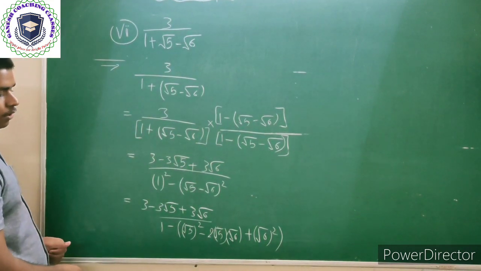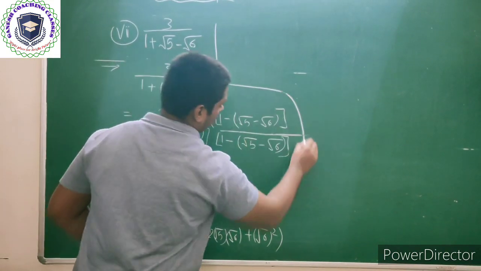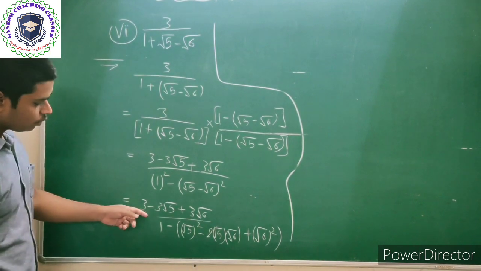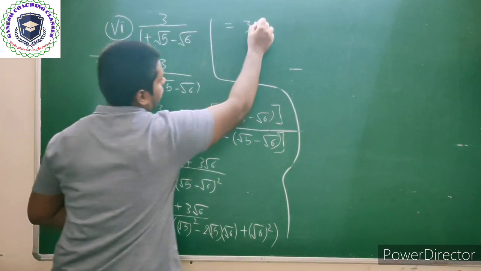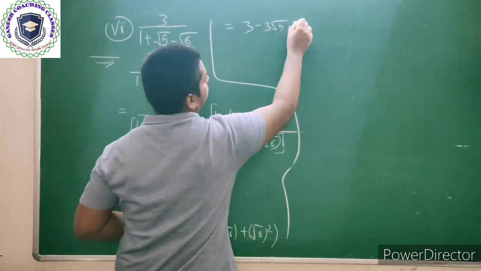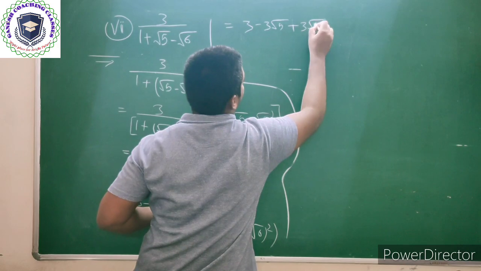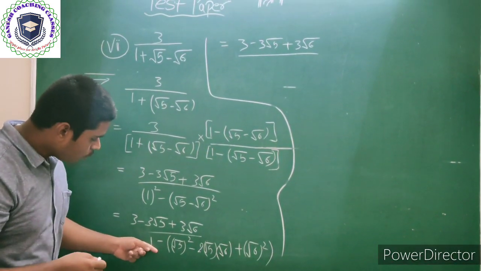So the denominator is going to be very lengthy, and we have to simplify this. In the numerator we will write as it is, that is 3 minus 3 root 5 plus 3 root 6. In the denominator we are getting 1.